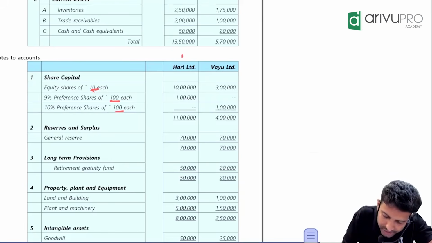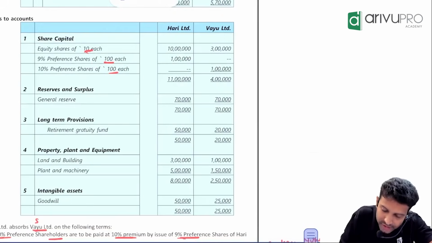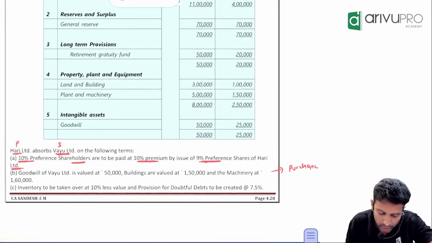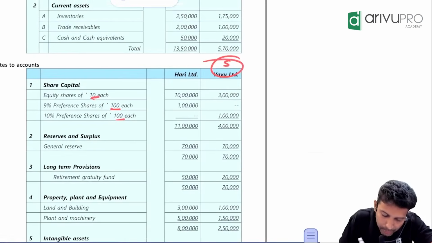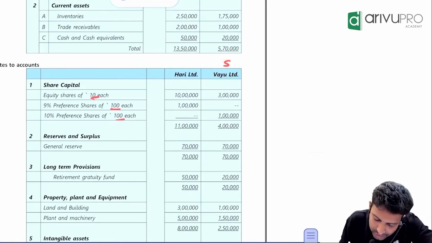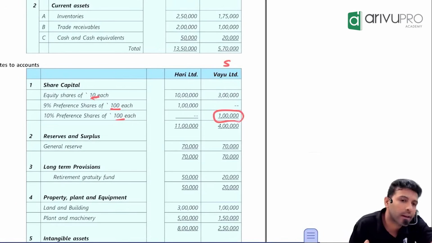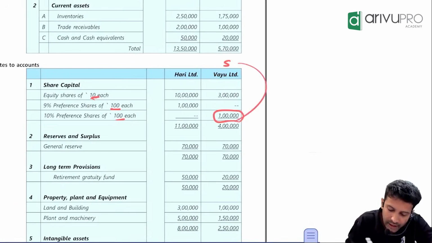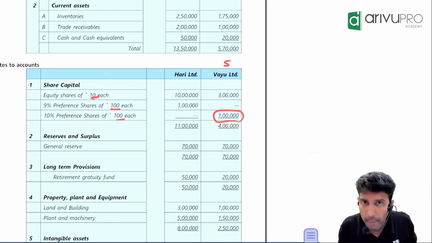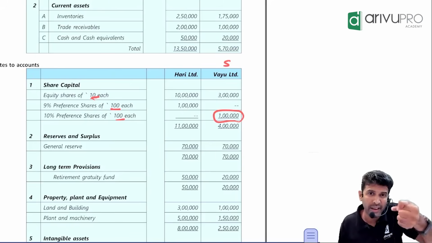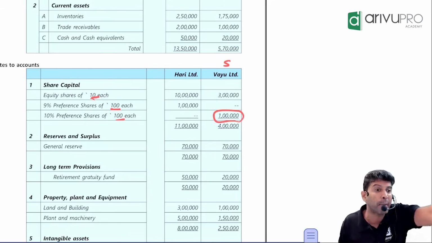Here, who is the purchaser? Who is the seller? They're talking about preference shareholders. So the selling company's preference share capital is how much? 1 lakh. But is the purchasing company paying the same 1 lakh or 10% premium?